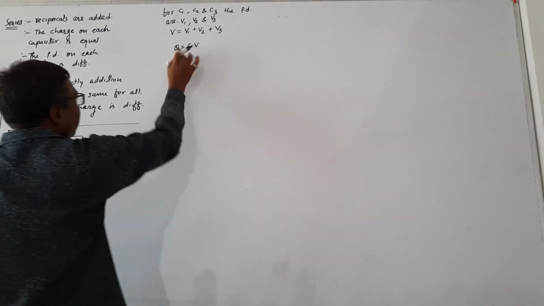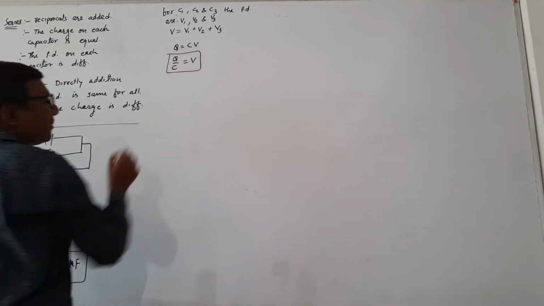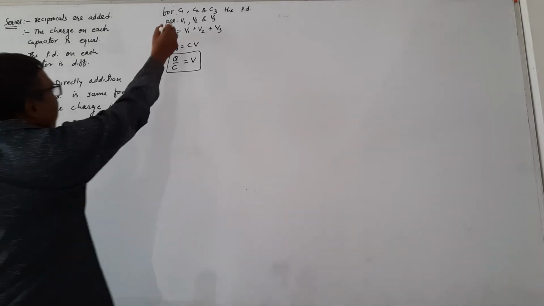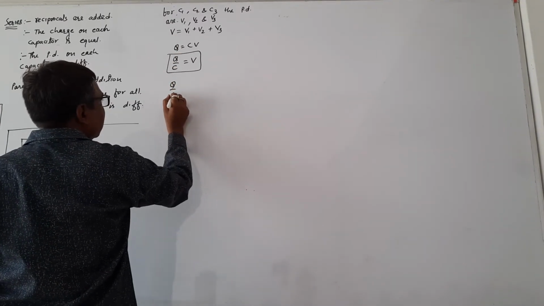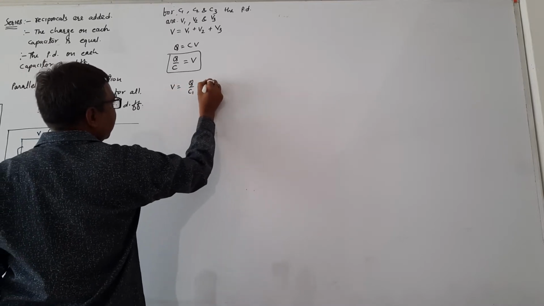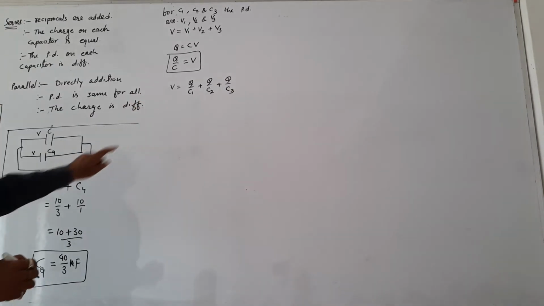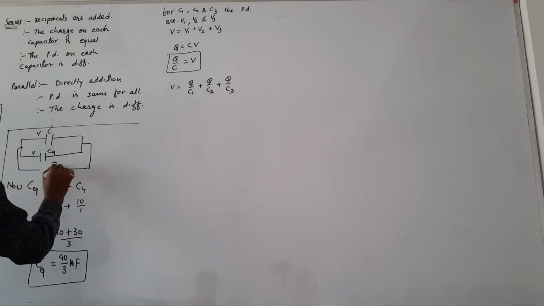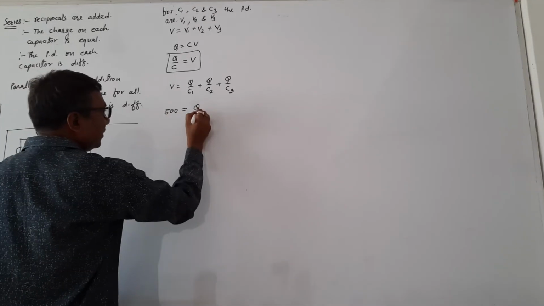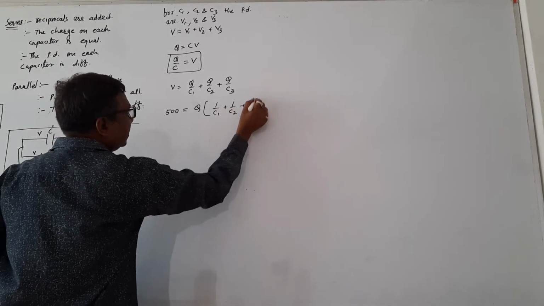Q is equal to CV. So here Q upon C is equal to V. So apply this formula over here. So V is equal to Q upon C1, Q upon C2 and Q upon C3, with Q the same for all. Because the value of V is 500 volt, so here 500, and each one has 1 upon C1 plus 1 upon C2 plus 1 upon C3.